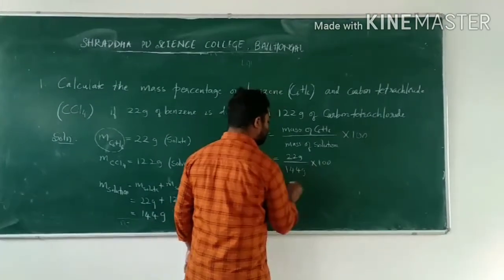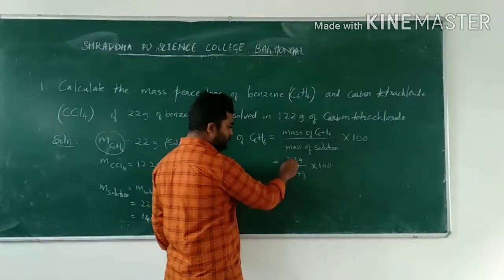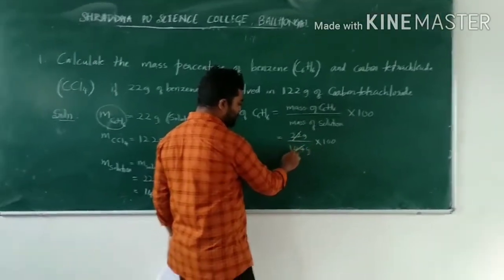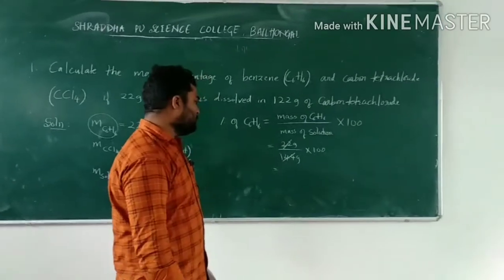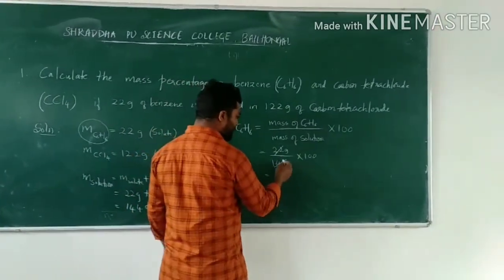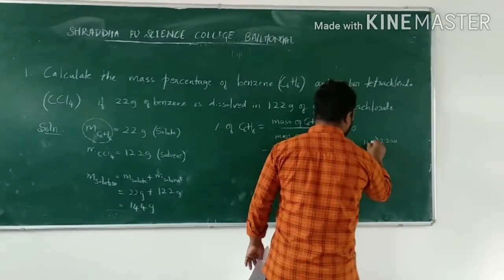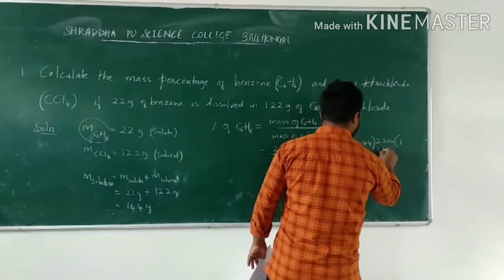So this is 22 into 100 divided by 144. Even if you do the calculation part, that is 2200 divided by 144.